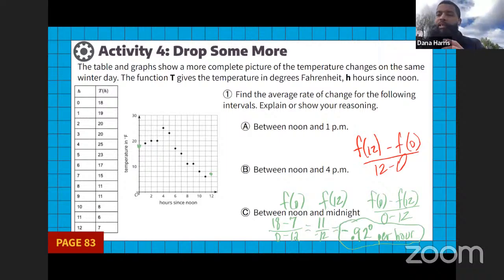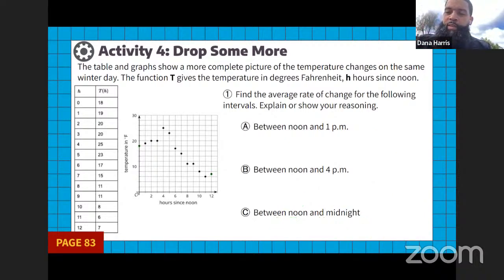Okay, so the lesson here is if we're trying to find the average rate of change between two intervals on the graph, for example, if I wanted to find the average rate of change between 4 p.m. and 8 p.m., I'm going to take f of 4, which is 25, and I'm going to take f of 8, which is 11, and I can find the average rate of change between 4 p.m. and 8 p.m. I can do it two ways.